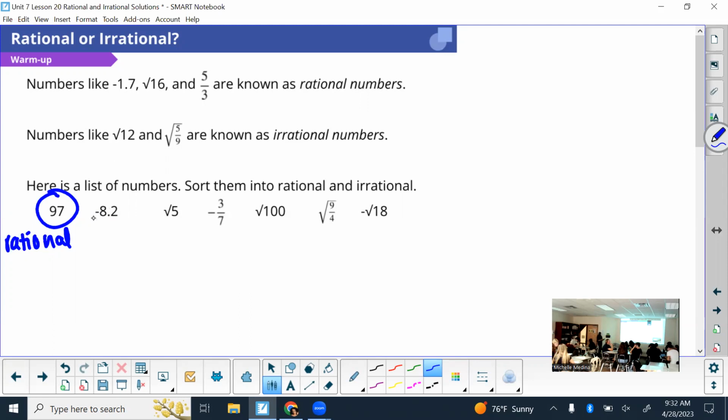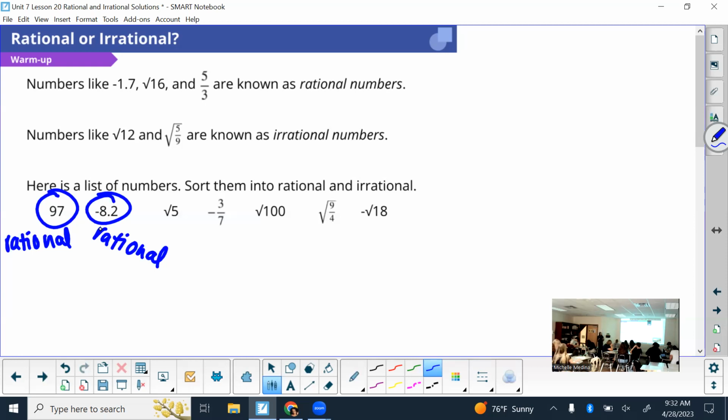Rational, and why? Because it ends. I will say there are decimals that go on forever that are included as rational, but we'll tackle those when we get there. But negative 8.2 for sure is rational because it's a decimal that ends.